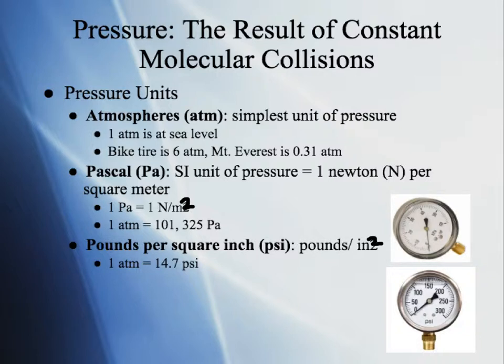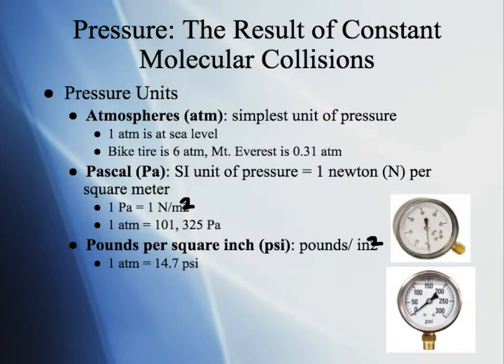Now, another pressure unit is called the pascal, Pa. This is actually the SI unit of pressure, so it's the one most commonly used in scientific studies around the world. Different scientists and different countries use the pascal to keep their measurements in line with each other.